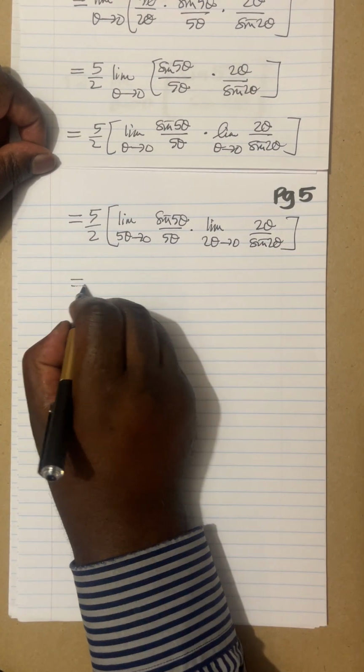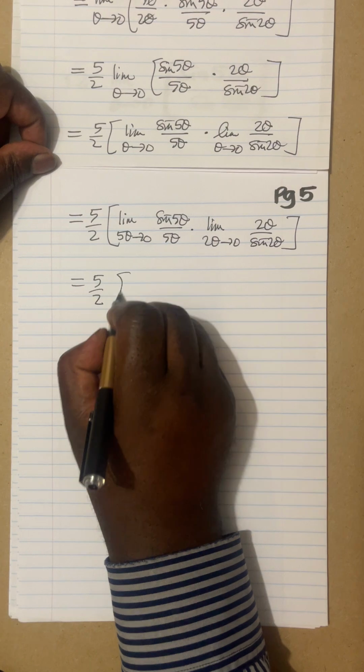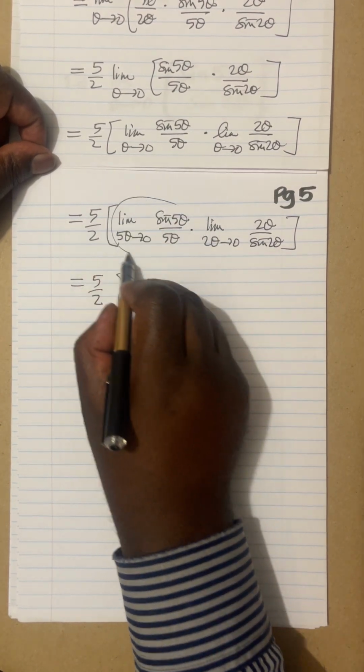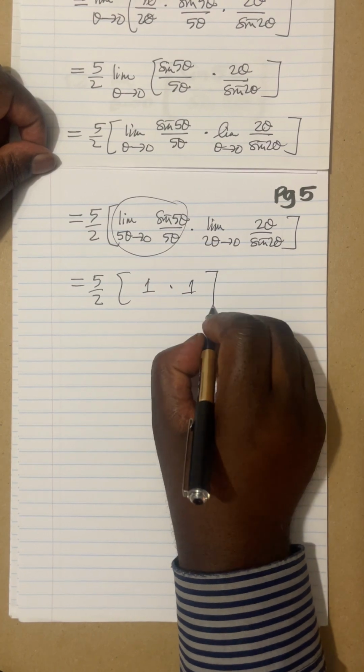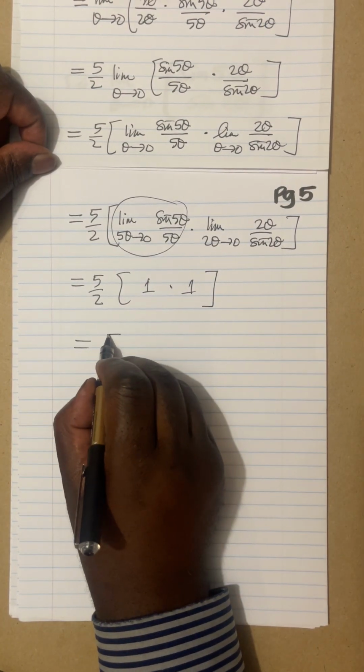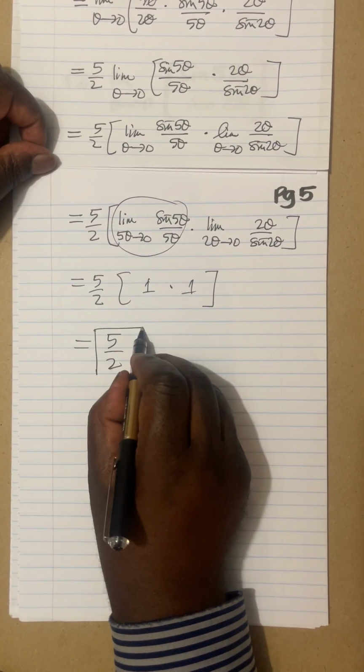This simplifies to 5 over 2 in brackets there times 1. Obviously you can see that that's 1, and that will also be 1 times 1. And what is 1 times 1? 1. So this simplifies to 5 over 2 as our final solution.